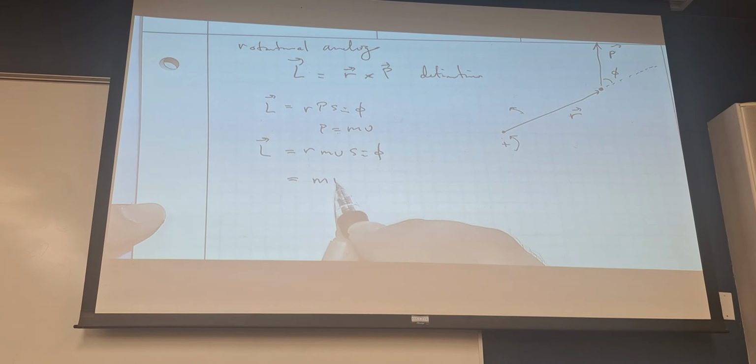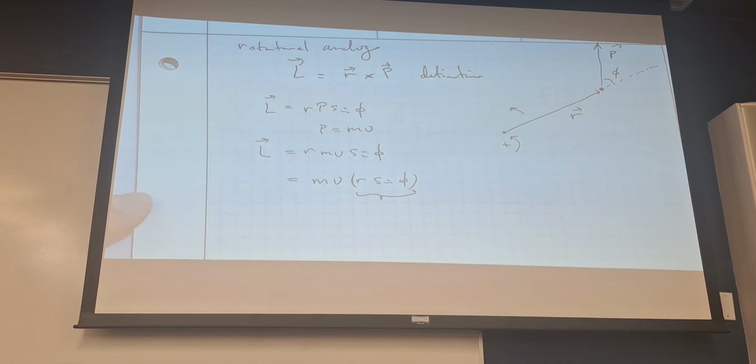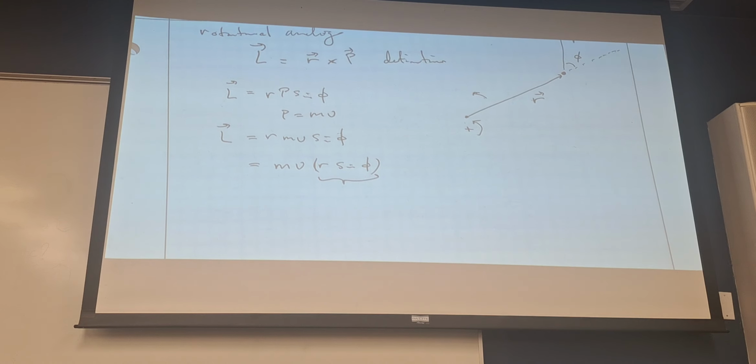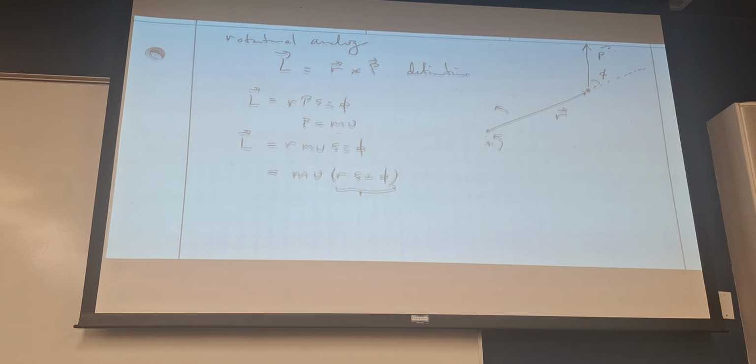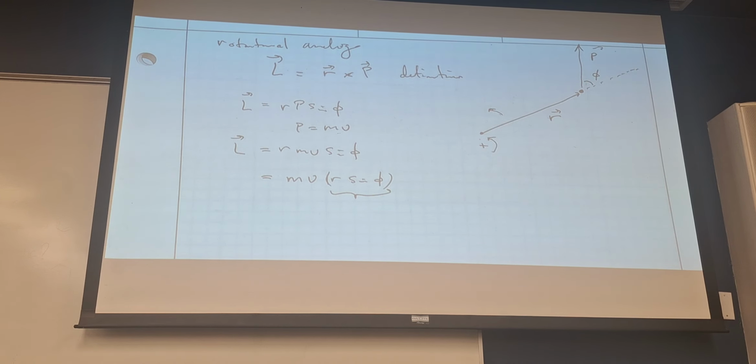Here we have mv, r sine phi. That is the piece that is orthogonal to your momentum. So it's the orthogonal piece of your arm.